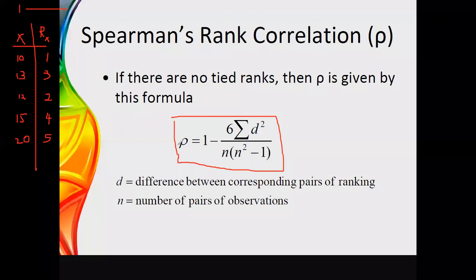The equation is rho equals 1 minus 6 times summation d squared divided by n times n squared minus 1, where d is the difference between the corresponding pairs of rankings and n is the number of pairs of observations. Using this equation, you will get a value between -1 and +1. This can be considered as the value for the Spearman's rank correlation.